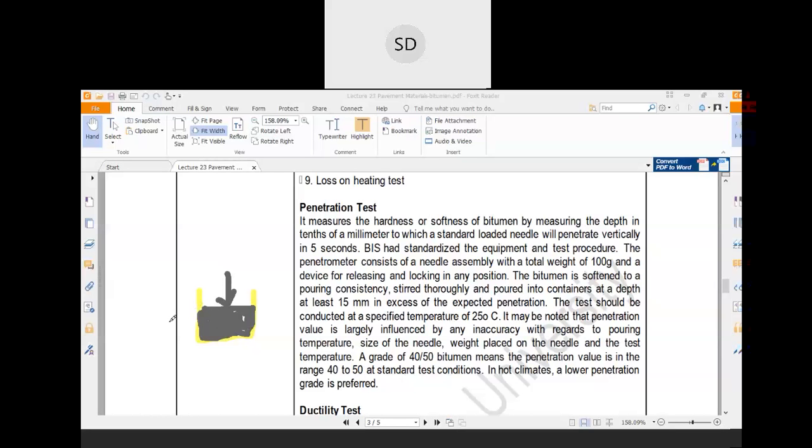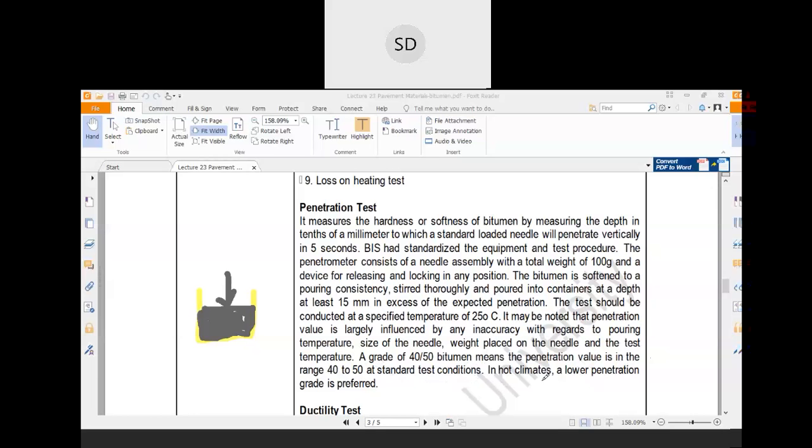Suppose the penetration is 45 mm. In that case, the bitumen is graded as 40 to 50 graded bitumen. A grade of 40 to 50 bitumen means that the penetration value is in the range of 40 to 50 at standard test condition, as I discussed.